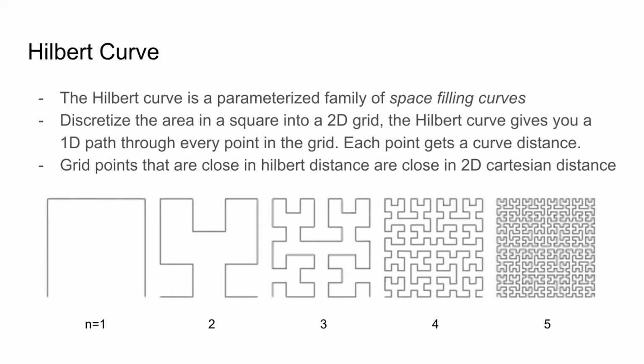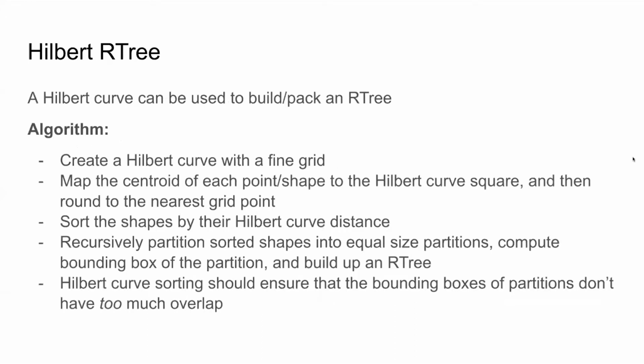And the property that's useful about the Hilbert curve is that if two points have a distance that's close together, then they'll also be close together in the two-dimensional space. So you get this mapping of if they're close together in one dimension, they're also somewhat close together in two dimensions. And that's useful for building an R tree.